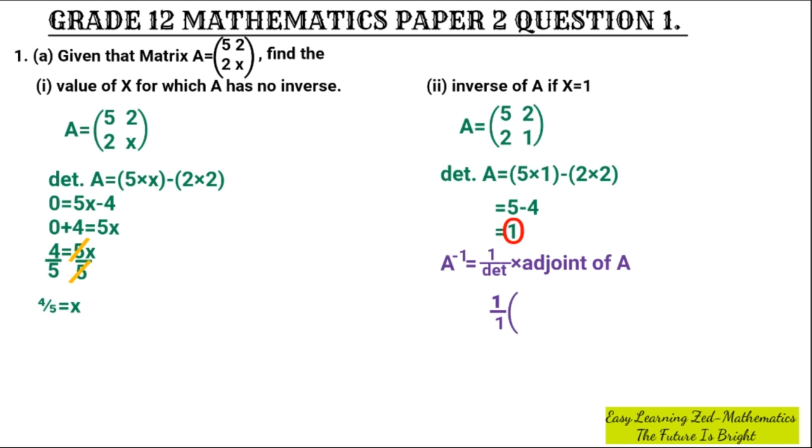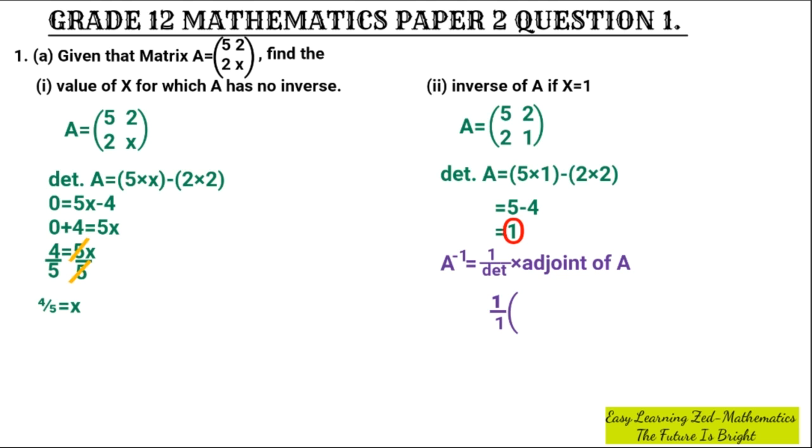Now here is what happens to the adjoint. When you go back to the original matrix, the one on top there, A is equal to 5, 2, 2, 1, we are going to work on that.